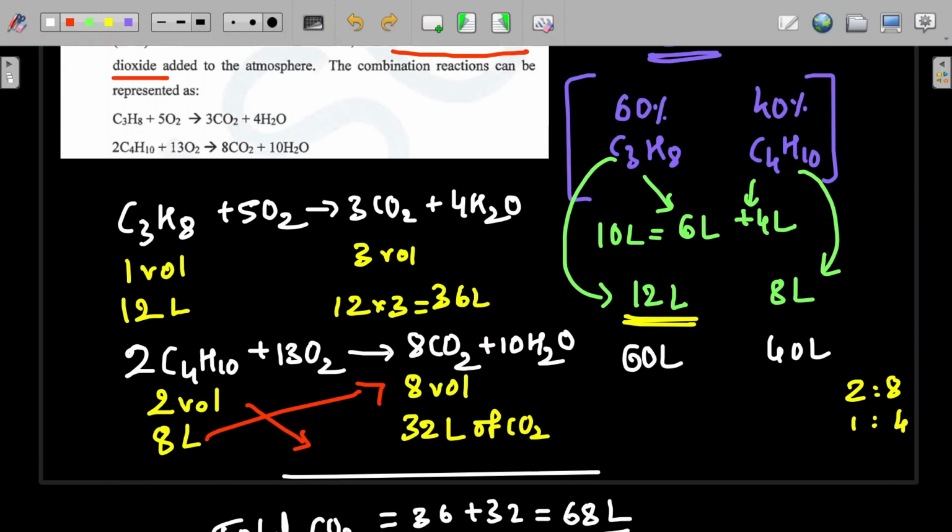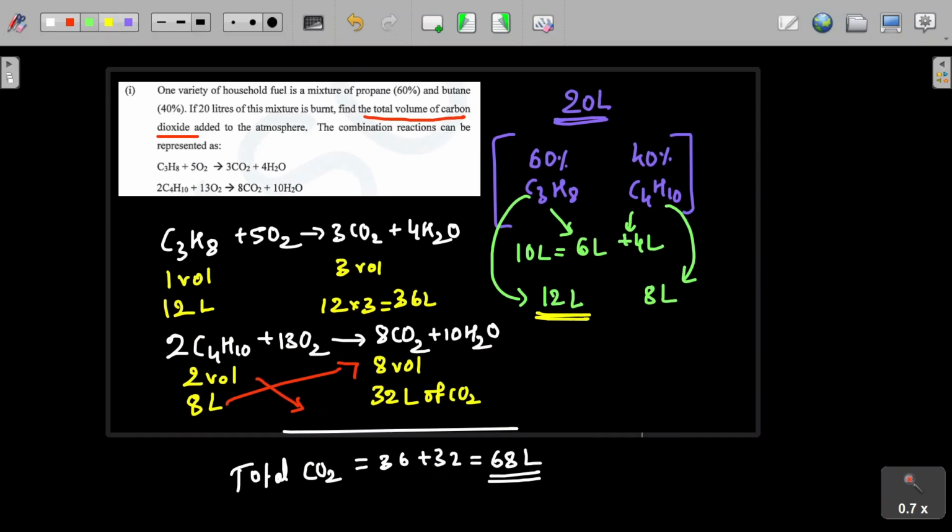You don't know the volume of propane and butane, but instead they have given the percentage. From there you have to find the value of propane and butane. This is a simple mathematical thing. Anybody has any doubt in this? Clear? Okay.